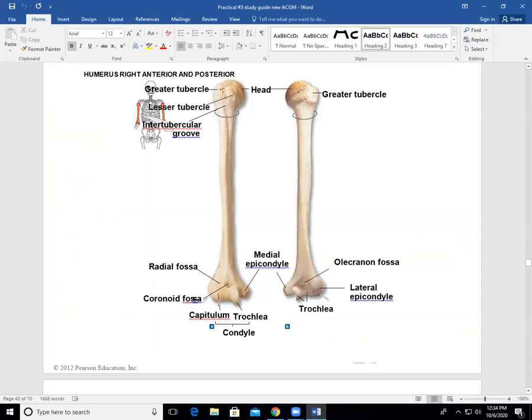If the capitulum and the trochlea are facing you, and the head of the humerus faces left, it'd be a left humerus. If it faces right, it's a right humerus. So what do you think you have?